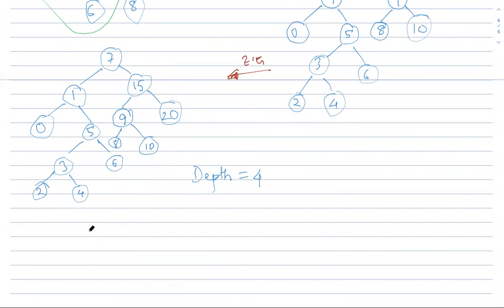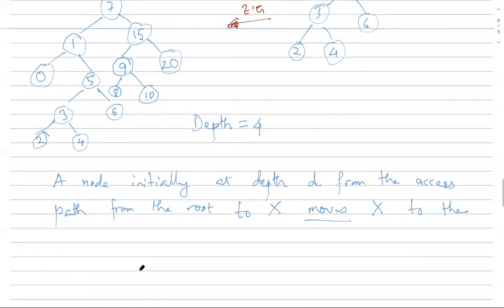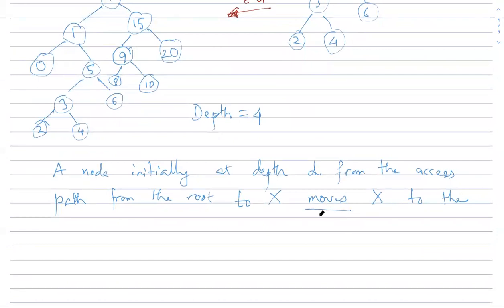So here is a fact that we are not going to prove, but something that you can take note of: a node initially at depth d on the access path from the root to x moves x to a final depth which is less than or equal to 3 plus d by 2.